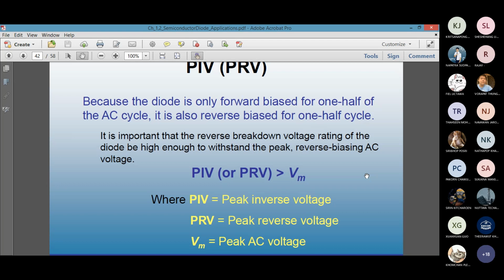You know there is a limit, the peak inverse voltage. If the negative peak of the input signal goes beyond the peak inverse voltage, you will damage the diode. So this is one of the issues you have to worry about, and you have to design accordingly.